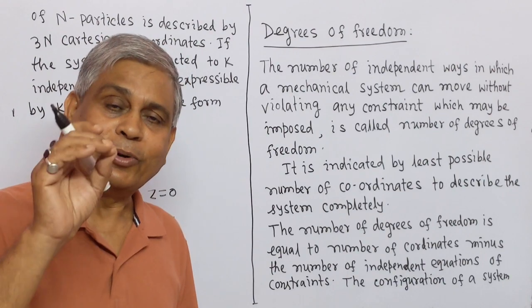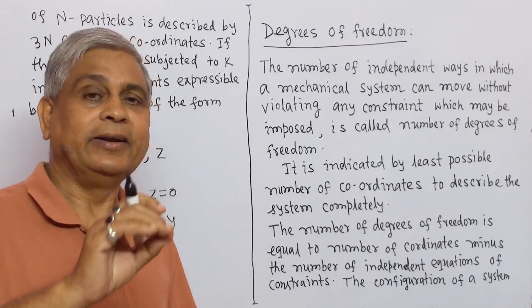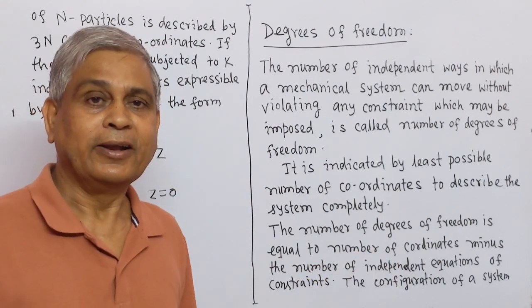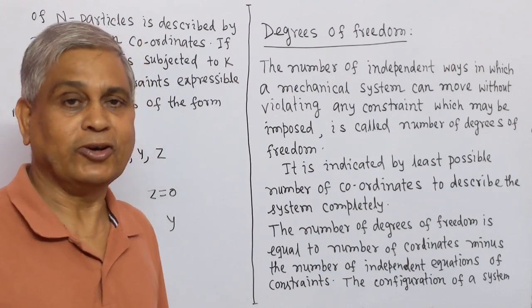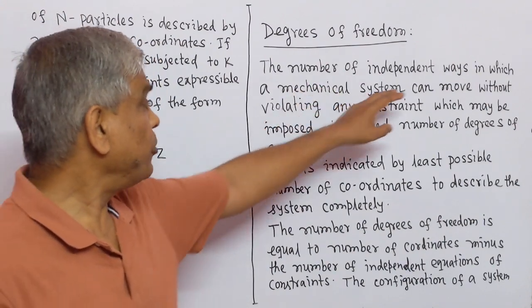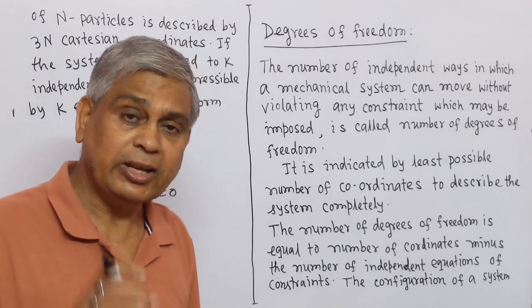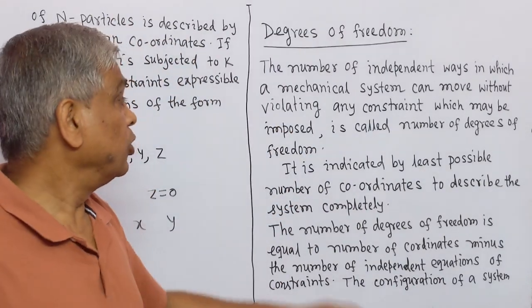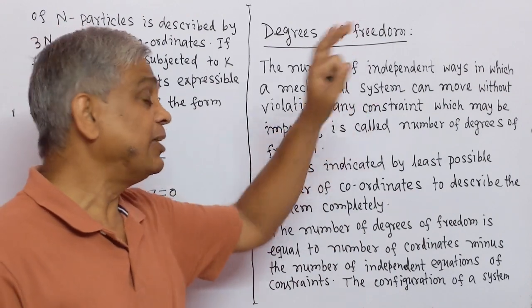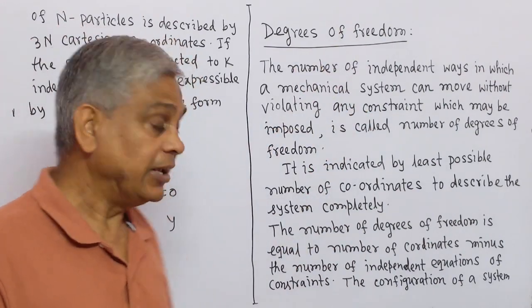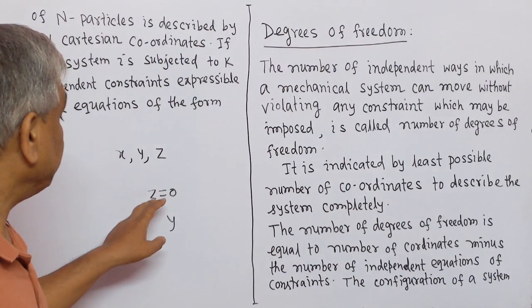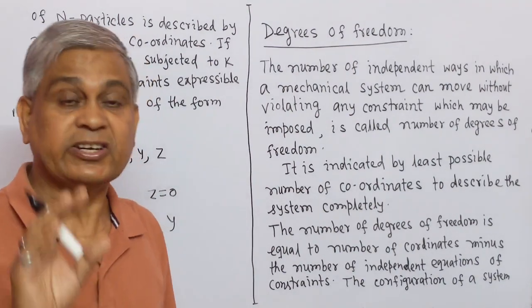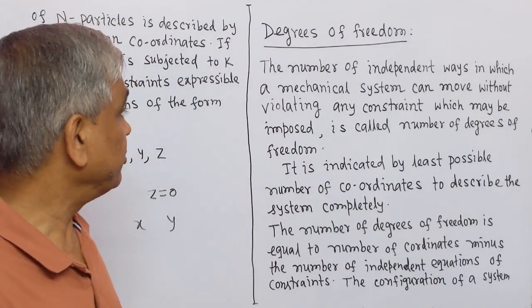Now I would like to give the detailed definition of degrees of freedom. The number of independent ways in which a mechanical system can move without violating any constraint. Here the constraint was z equal to 0.